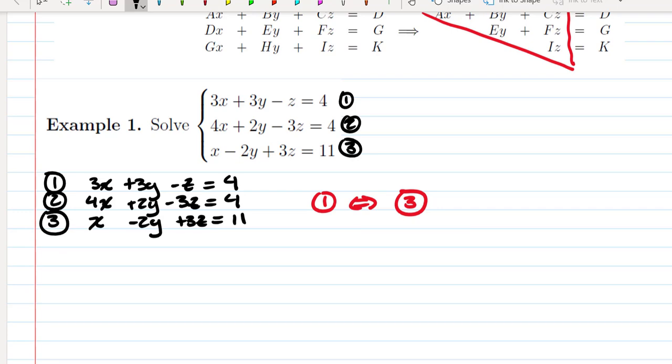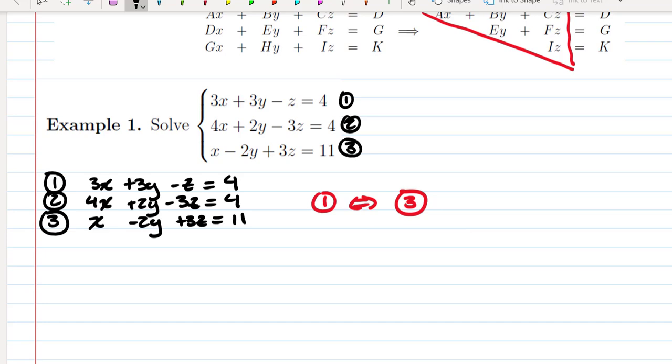You might be asking yourself, well, why would he want to do that? The reason I chose to do that is then my equation 1 is going to have a coefficient on the x of 1. That will make elimination easier. It's not necessary, but it will make our life a lot easier, as you're going to see.